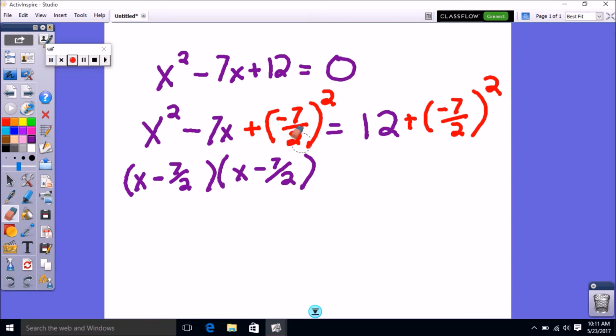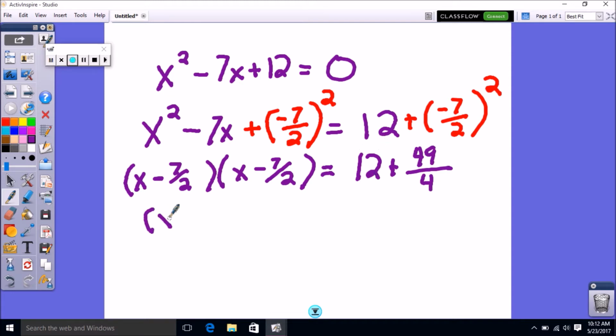Back to my problem. So to recap, I just factored this left side of the equation. On the right side, I actually need to figure this out. Negative 7 squared is 49, and 2 squared is 4. So that's 49 fourths.